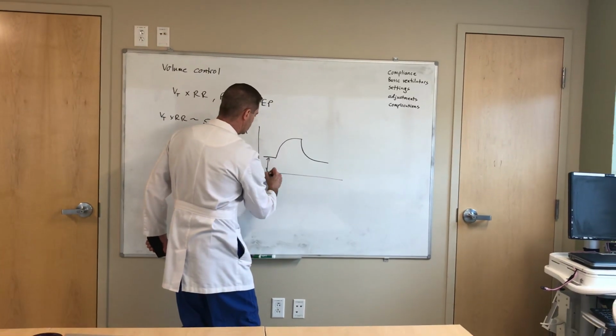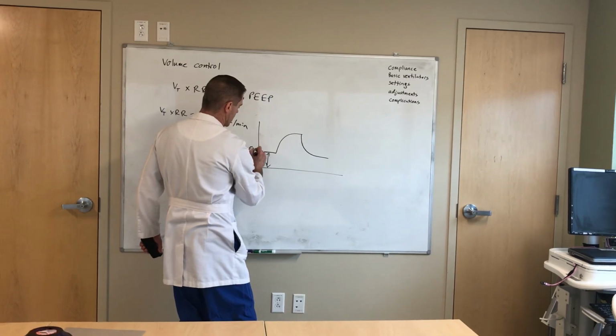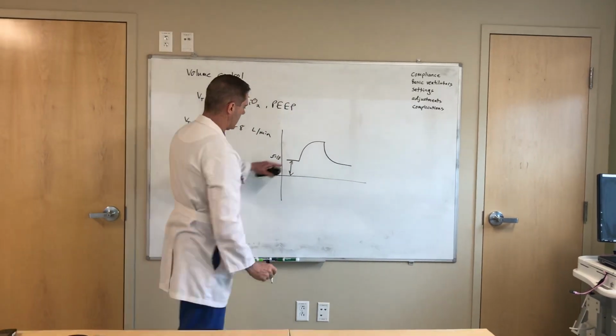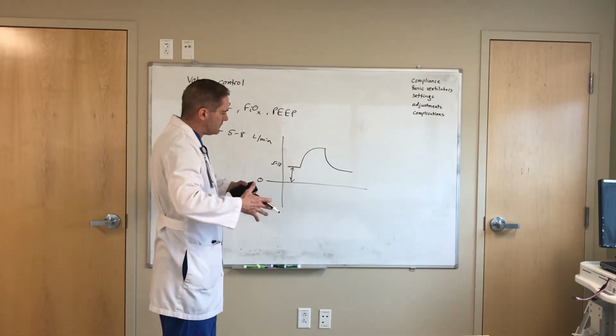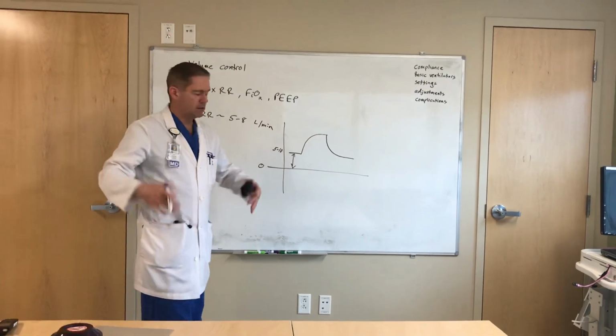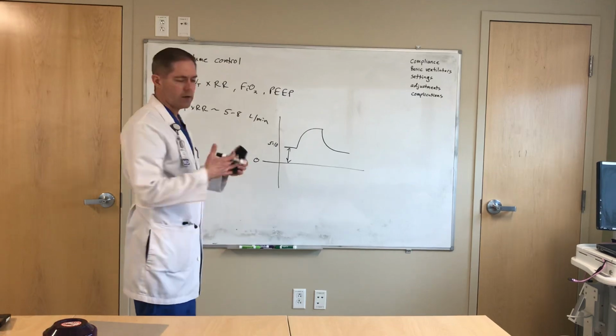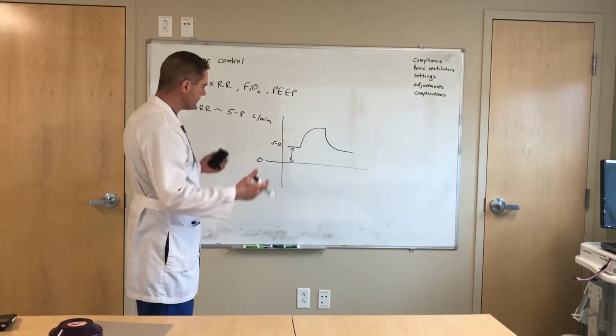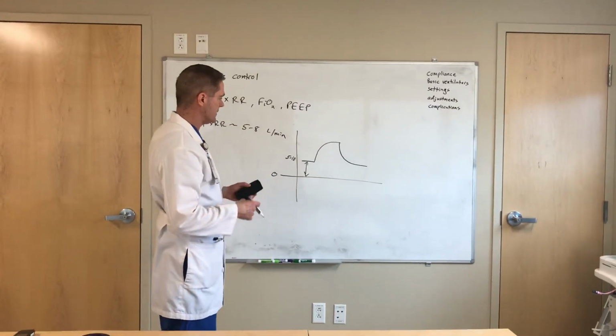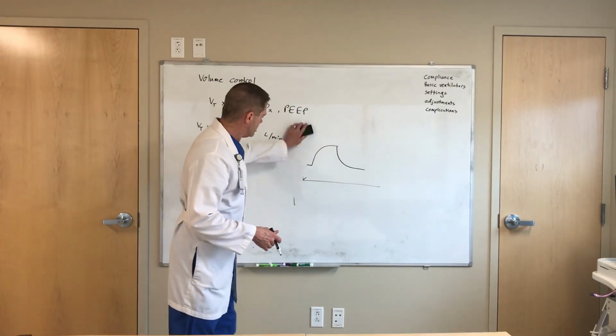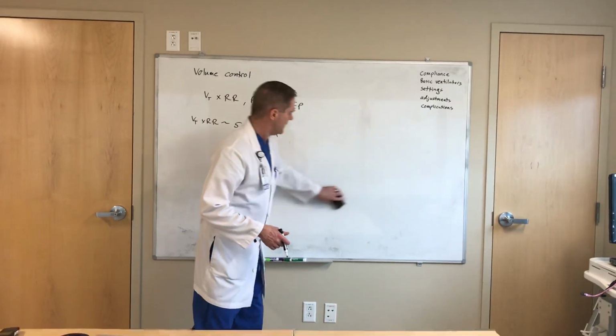I keep it up here somewhere, usually around 5 or 10 centimeters of water. That's your PEEP, and what it's doing is keeping the lungs expanded at a higher volume than they would be without PEEP. It also helps with your oxygenation. We're not going to go into all that right now because this is just a basic talk.